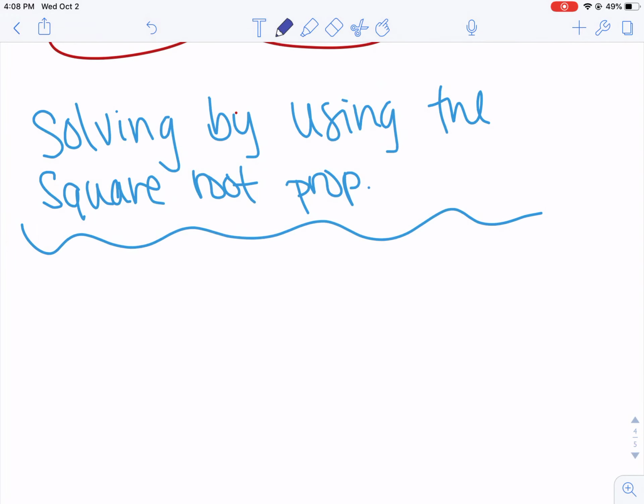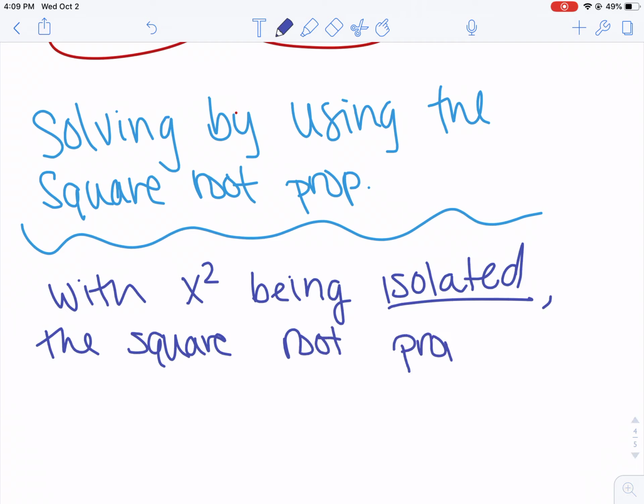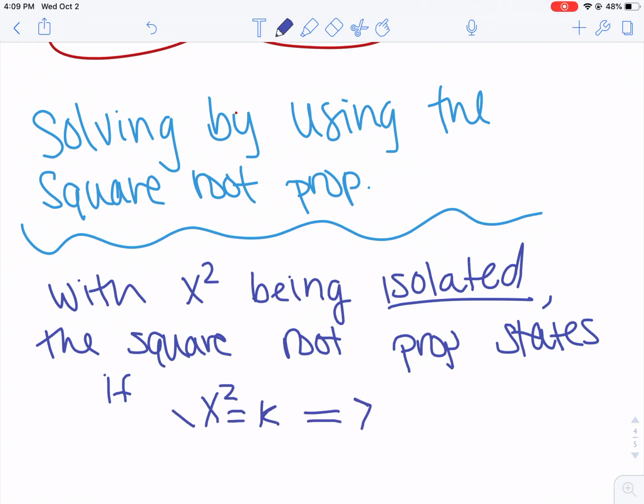The square root property says, with x squared being isolated, so it has to be by itself, the square root property states: if x squared equals k, then you can square root both sides, and x becomes plus or minus the square root of k.